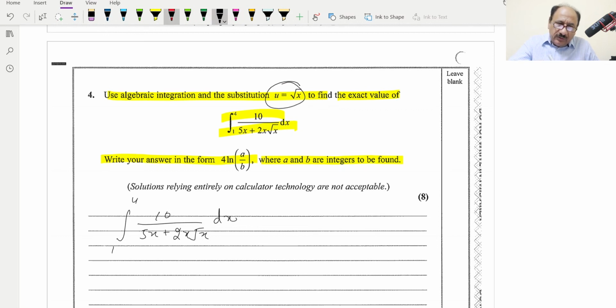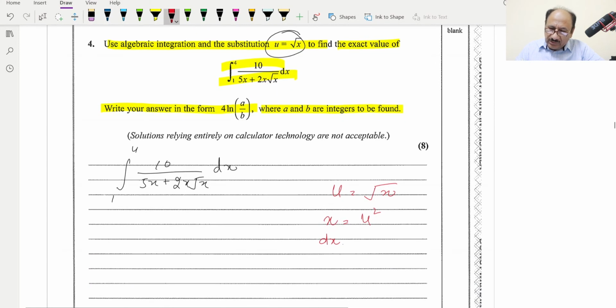So we will be making the replacement. u is equal to under root x, and now x will be equal to u squared, and dx by du gives dx is equal to 2u du. This is the value which we'll be using for dx.